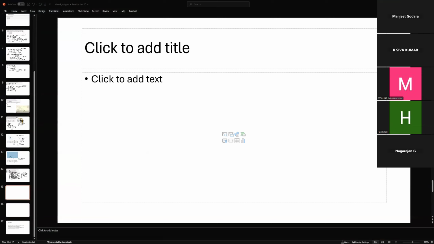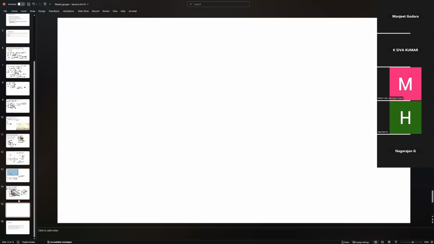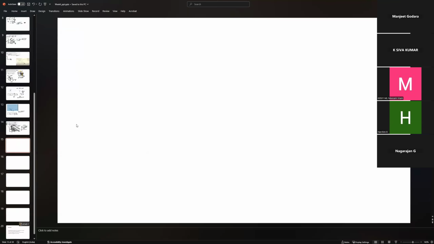So in the next three lectures they covered the Pourbaix diagram, which just tells us how the corrosion behavior will change depending on the pH. Okay.